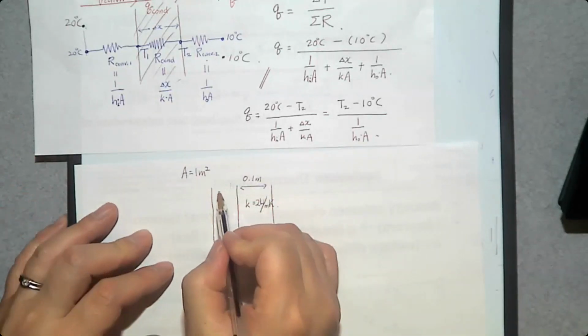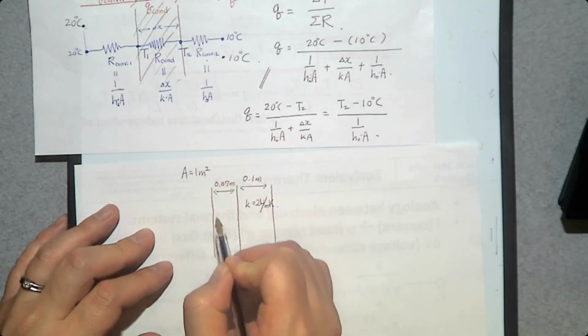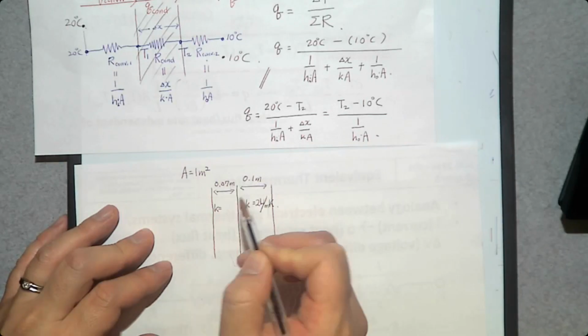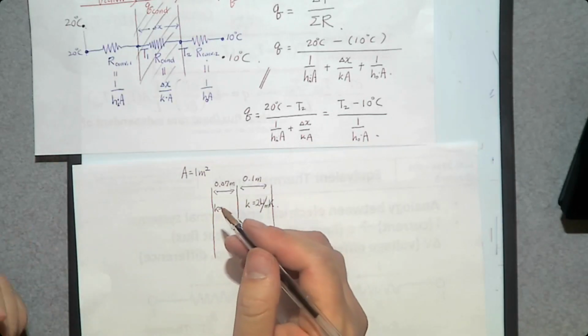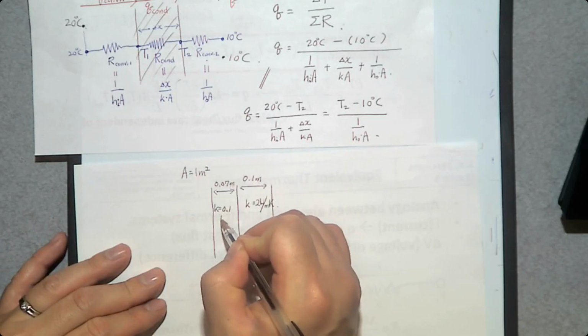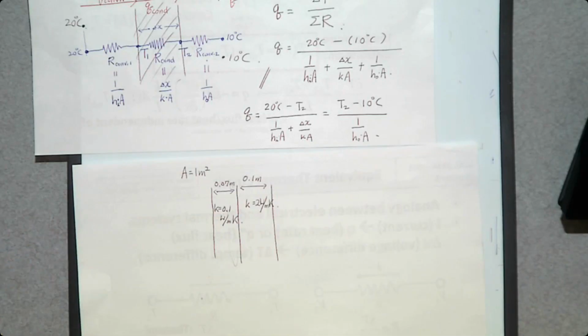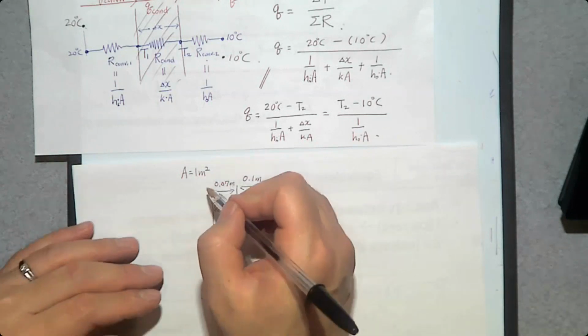The insulation has a thickness, let's say 0.07 meter, whose thermal conductivity should be very low, right? It's an insulation material. 0.1 watt per meter Kelvin. But when I add an insulation, it looks ugly. So I'm going to add a drywall.